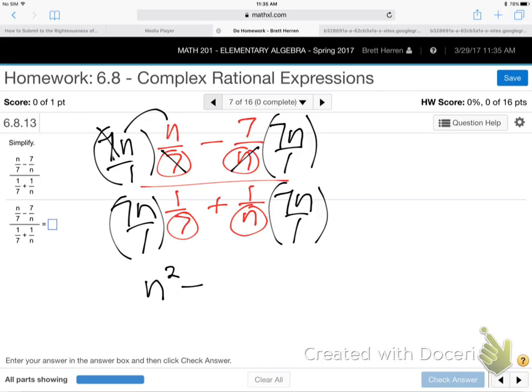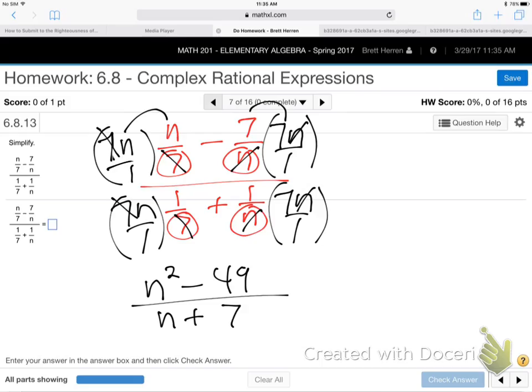Right. Good for that second one. The n cancels. What's left over? 7 times 7, 49. What's happening down here? 7 cancels 7. What's left? n. n cancels in 7? No, you can factor the top, but you can't factor the bottom.